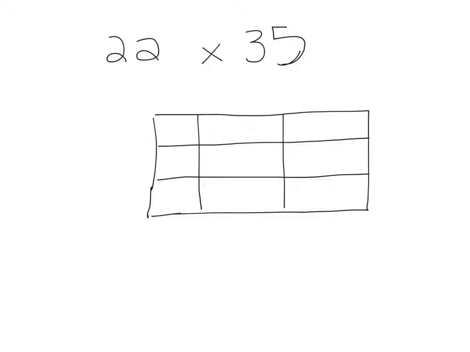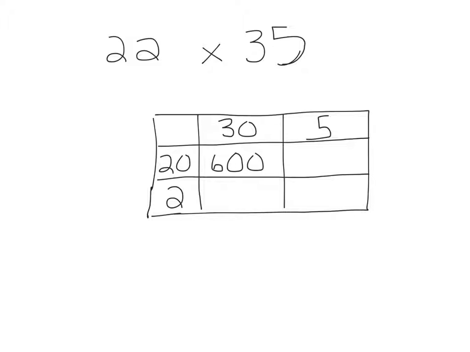For the box method, I have 22 times 35. So 22 can be broken up into 20 and 2. And 35 is broken up into 30 and 5. So I multiply 2 times 3 is 6. And then I add 2 zeros.